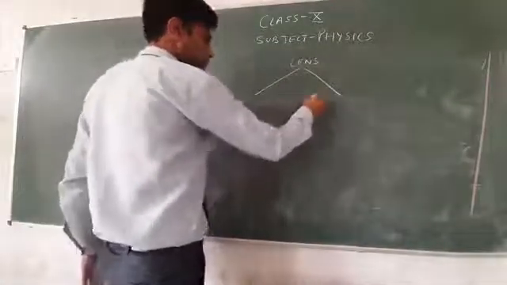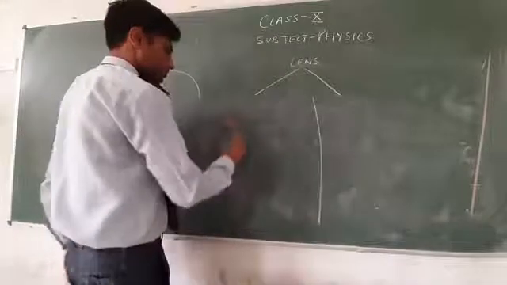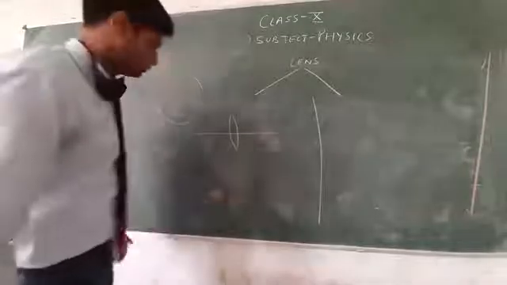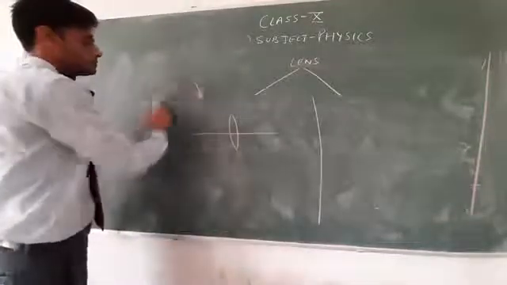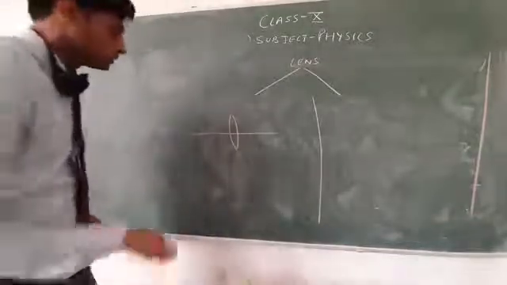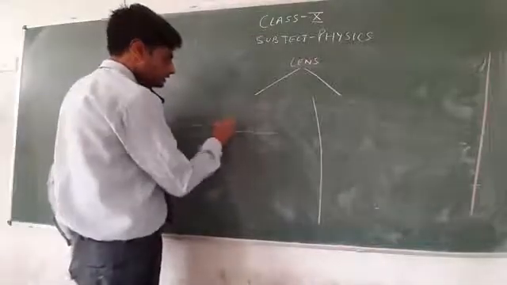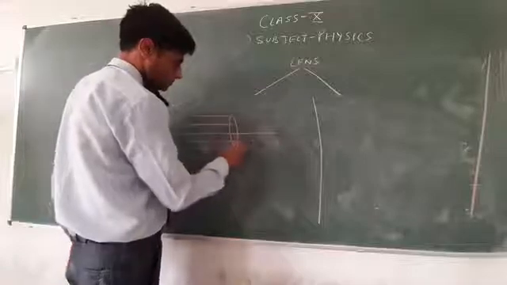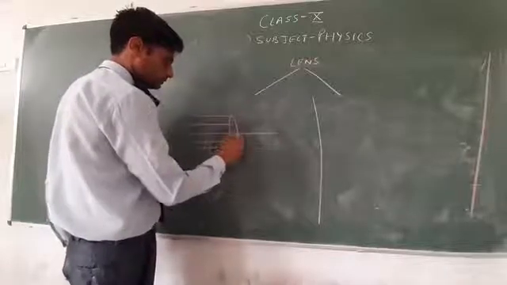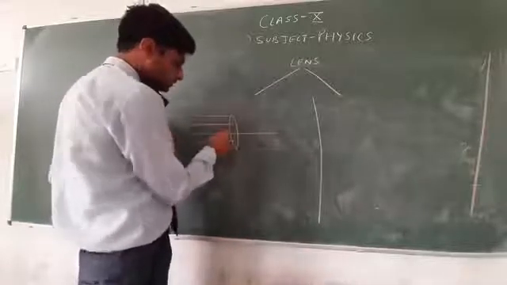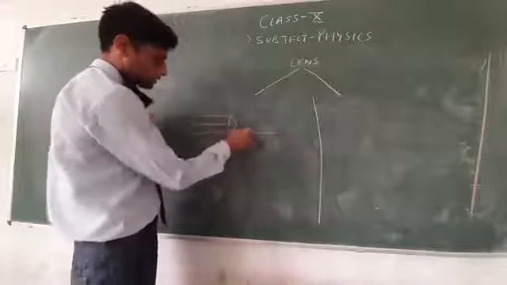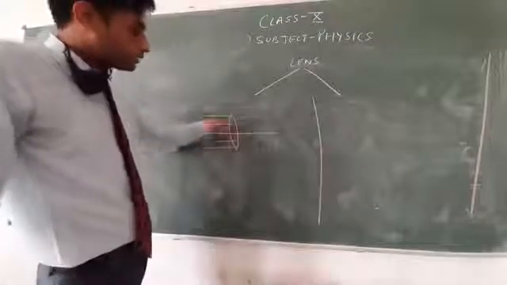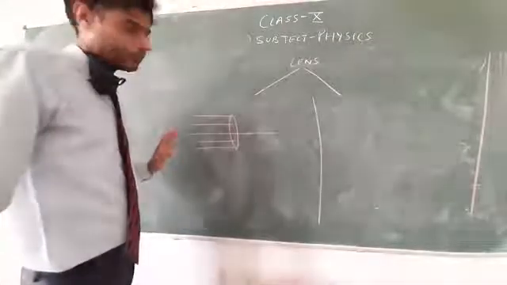If this is a convex lens, parallel rays of light are incident to the principal axis. This is the principal axis. As you know, the normal ray passes through the lens without deviation.